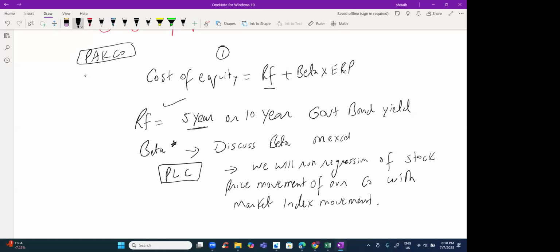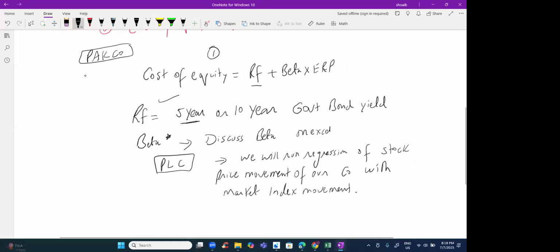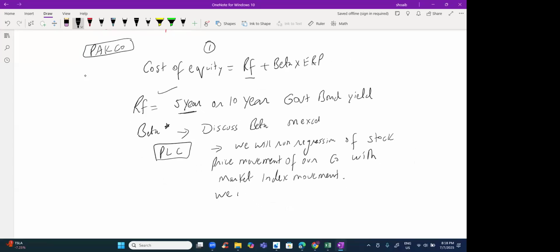Sir, what is this? We will regress, we will check how our stock is moving in comparison with the market. I'm explaining a very simple term.